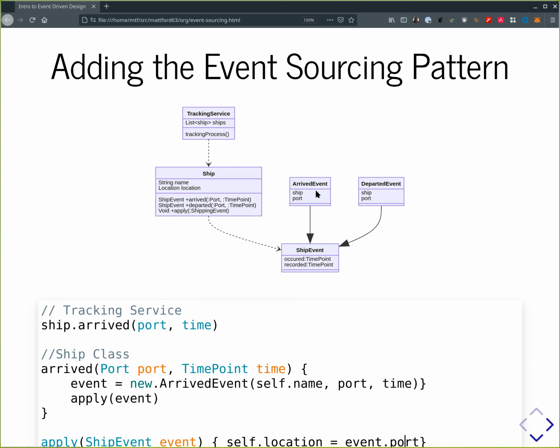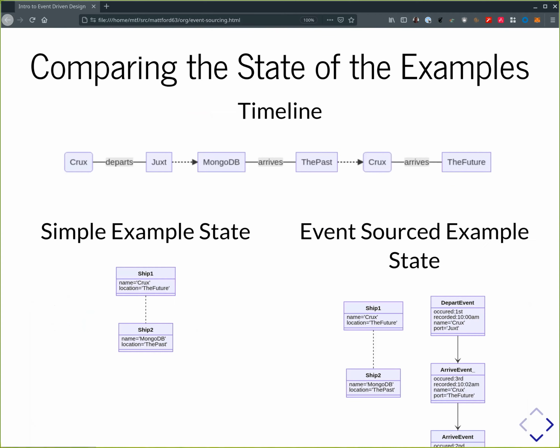So let's look at the state of these two different implementations. Here we have a timeline of events. The good ship Crux departs the port of JUXT.